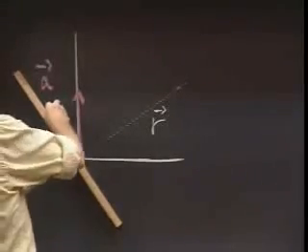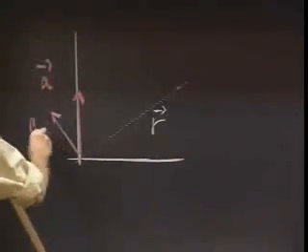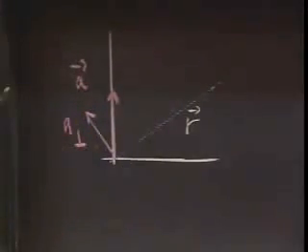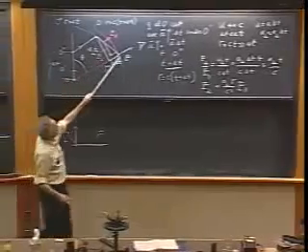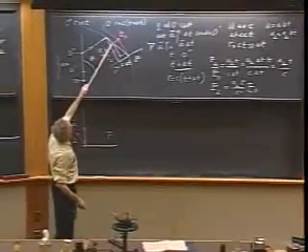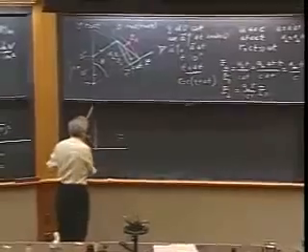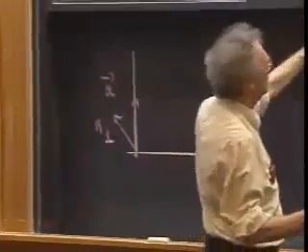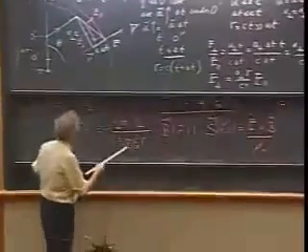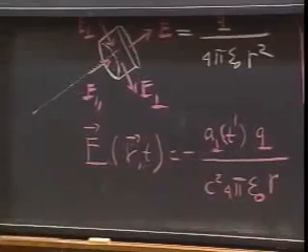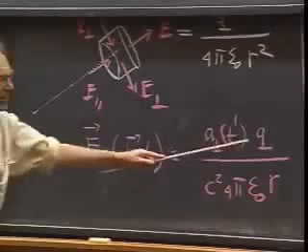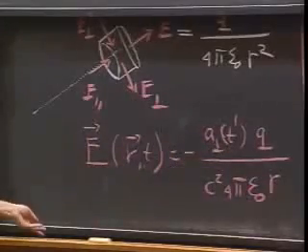So then this would be A perpendicular. And if the charge is positive, which I have chosen here because the field lines go away, then the E vector perpendicular is in this direction, like so. And that is the reason for that minus sign. Namely, if Q is positive, then E is in the opposite direction of A perpendicular. If Q is negative, then it is in the same direction.